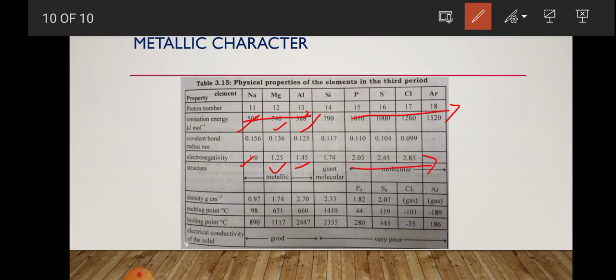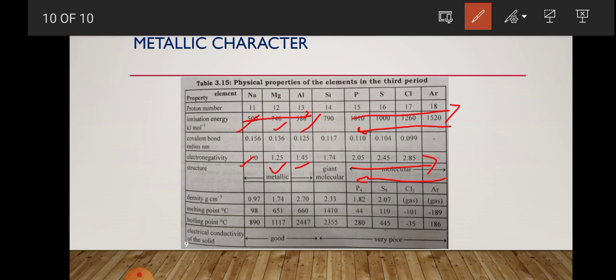And the elements with high ionization energy and high electronegativity are non-metals, like the elements of group 6, 7, etc. Look here, the ionization energy and electronegativity are both high for non-metals.